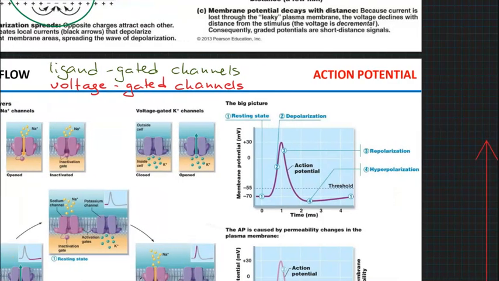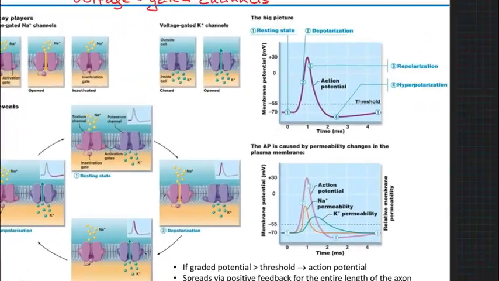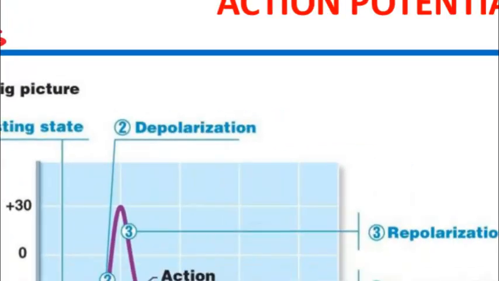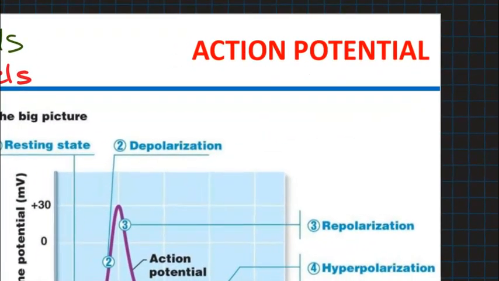Okay, follow my thought on this. I'm going to try to fit it here. Imagine that we have a ligand-gated channel that is closed, and nearby we have a bunch of voltage-gated channels that also are closed.